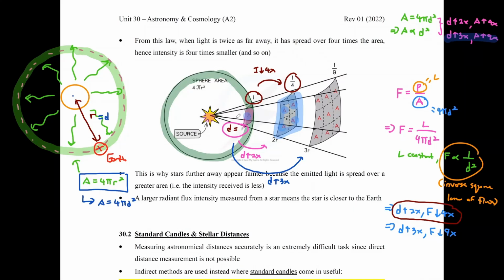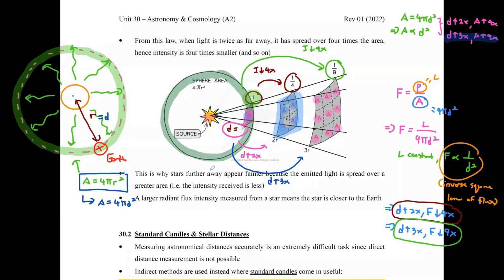So if this is area A, you now have 9 times the area A. And now, if you look at the original intensity I that you had from before, it is now being spread over 9 times the area. The intensity would be reduced by 9 times. So your intensity is I over 9. That's what you're seeing right over here. Your distance increased by 3 times, your radiant flux intensity decreases by 9 times.